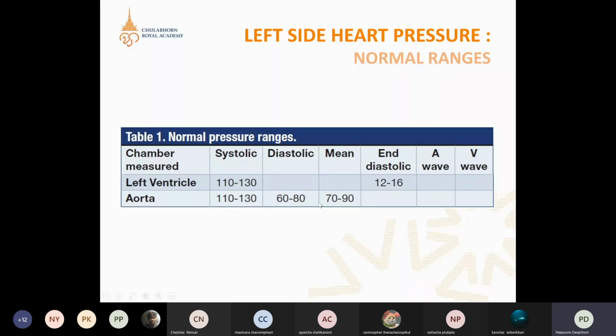But if you have to notify the doctor or tell the information about the LV pressure, definitely you just tell him the LV EDP, only the LV EDP. That's it. This is the example.